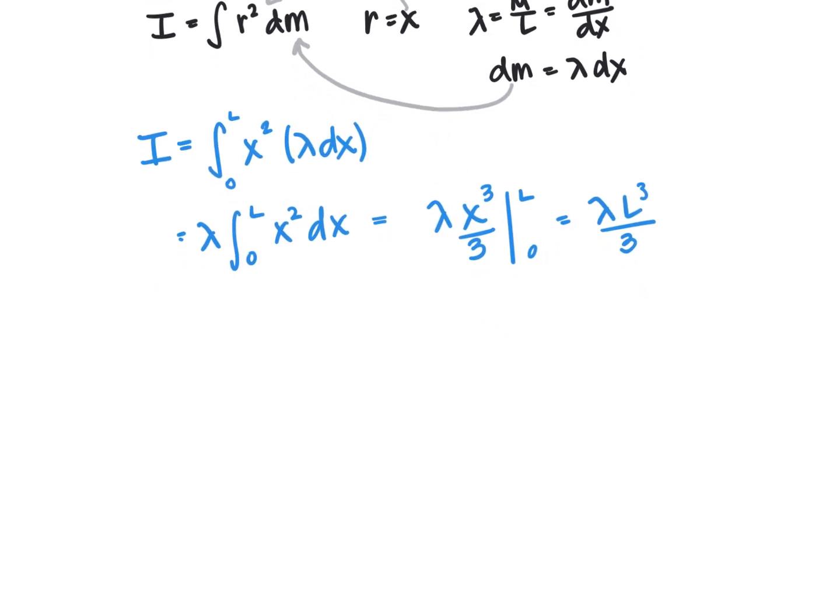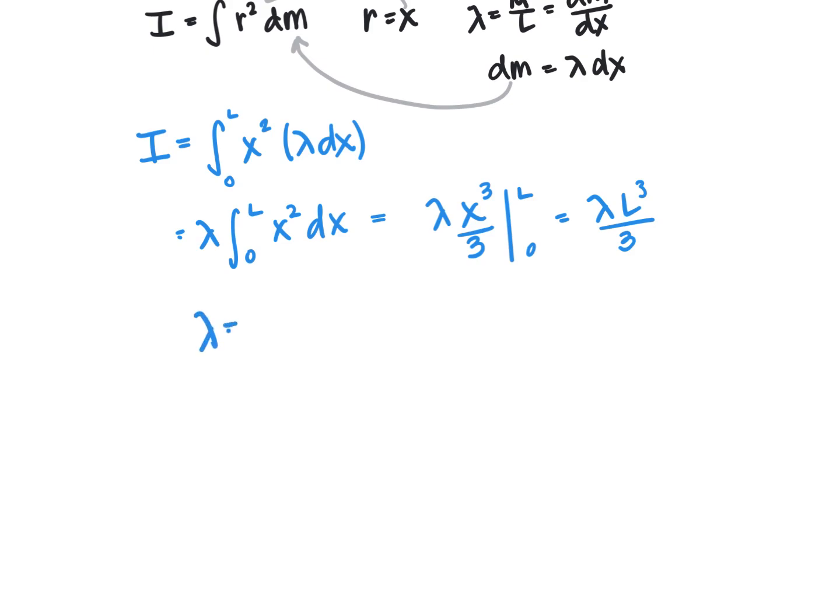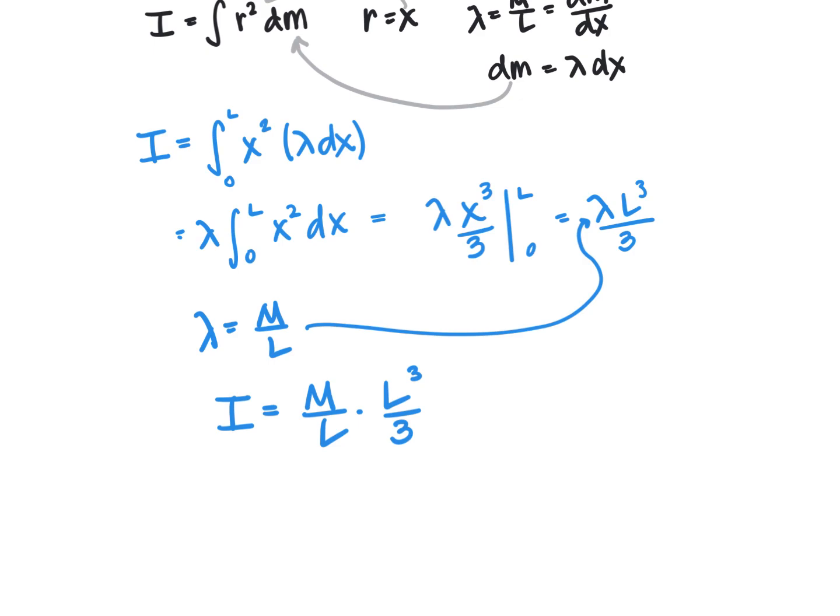Now, if lambda is the ratio of mass to length, and it's the whole mass over the whole length of our rod, then we can substitute this in for our lambda there, and we'll have that the rotational inertia is equal to our mass per length times L cubed over 3.